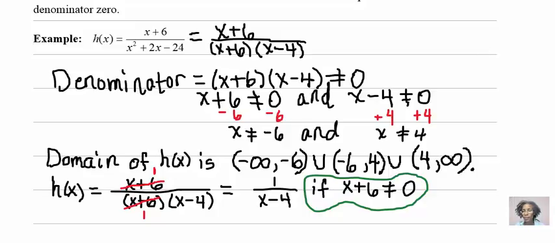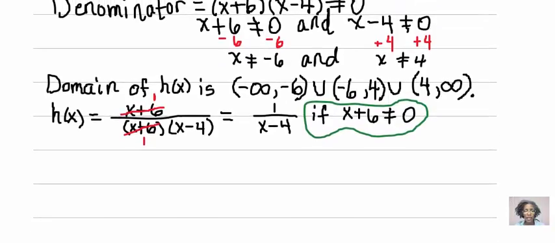So what actually happens when a function has a common factor that involves the variable in both the numerator and denominator is that at the value where that factor would have been 0, as you can see in our work above, that would have happened at negative 6.